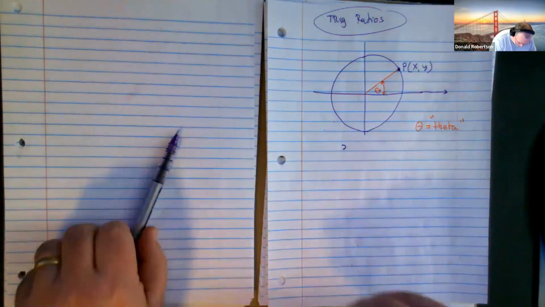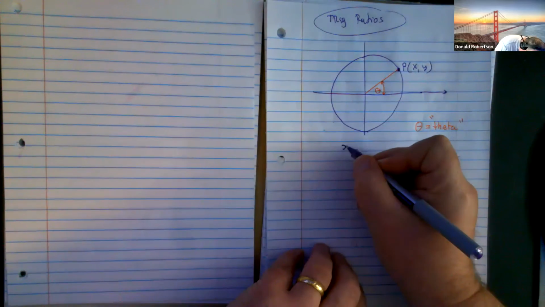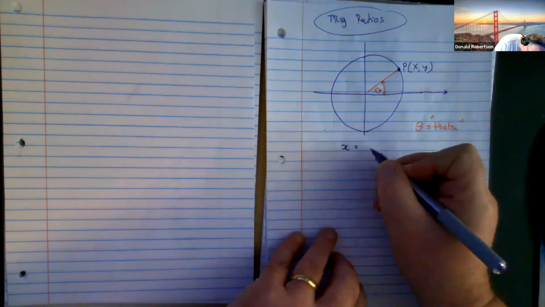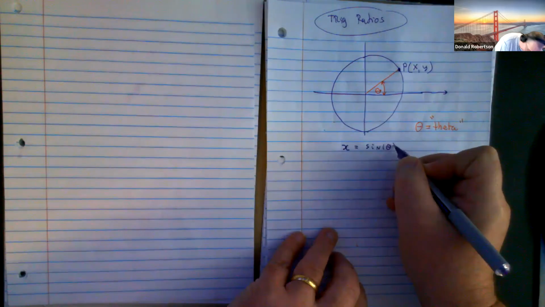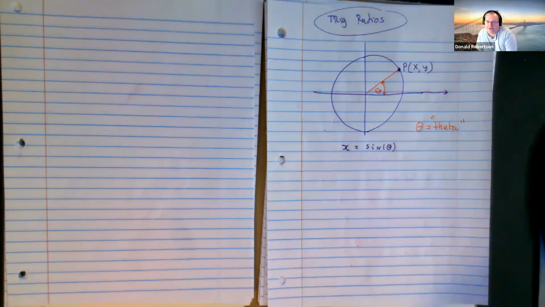And back to this now. So the X coordinate is the sine of theta. So if you're wondering what is the sine of an angle theta, like pi upon 3 or pi upon 4, it's the X coordinate in its unit circle.